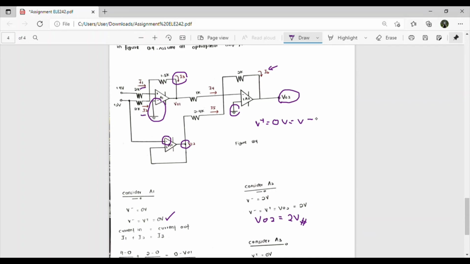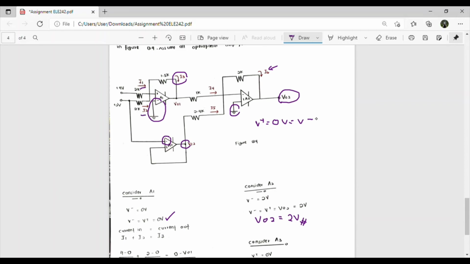Okay, then I4 is (V node 1 minus 0) divided by 1k, plus I5 is (V node 2 minus 0) divided by 2.4k, equal to current out, which is I6.